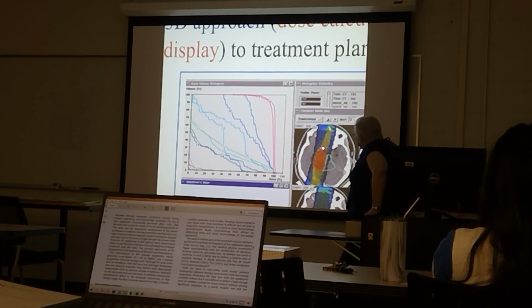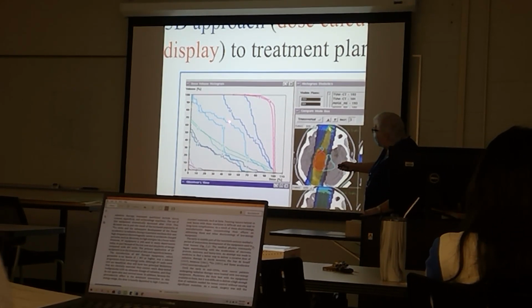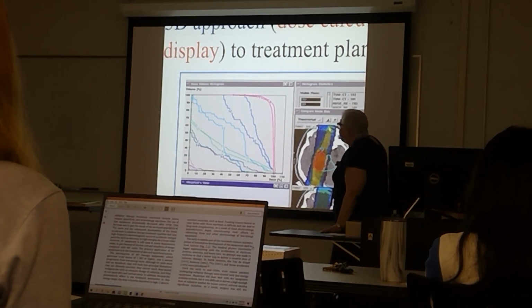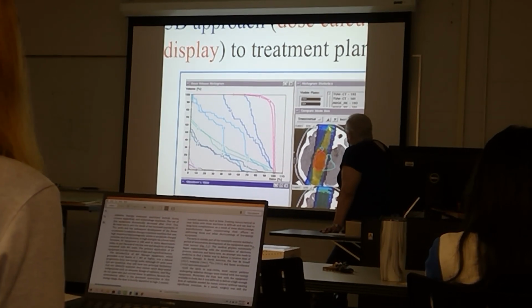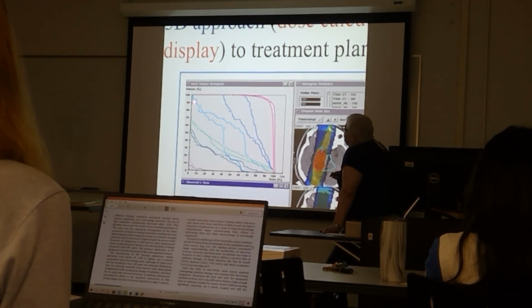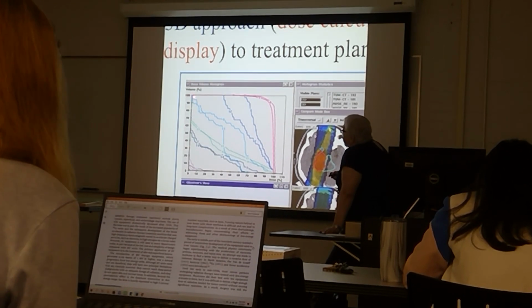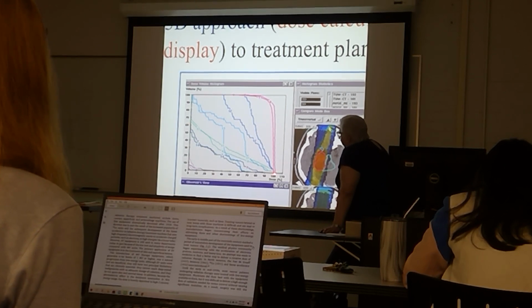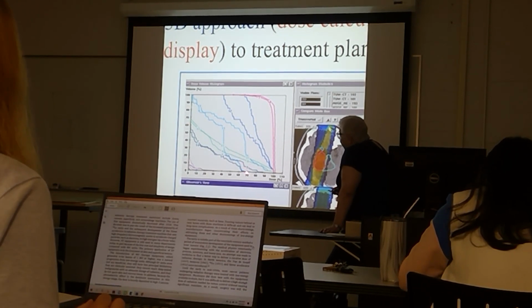Anyway, so we'll say that this little blue thing here is this. If we're looking to see how much dose this part will get, we look at the dose volume histogram and we'll see that 100% of the volume, follow this down, gets 100% of the dose. But if you follow this one down, it only gets 70% of the dose.